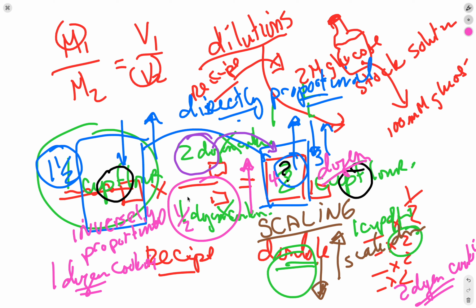So as this value goes down, this value goes up. So let me just get another color in here to show you that. So for both these values, as it goes up, your answer is going to go up. For this value, as it goes up, your answer is going to go down, inversely proportional.